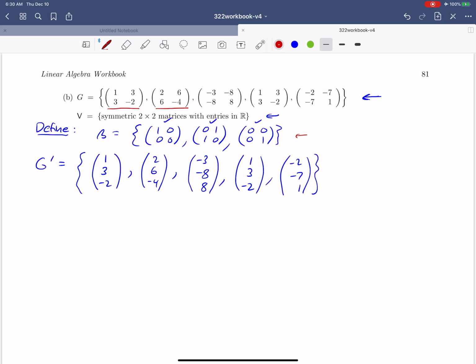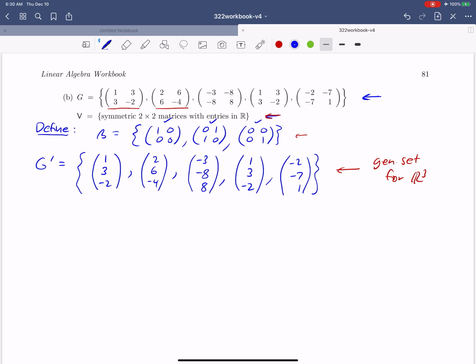The idea is there's an isomorphism between V, our vector space, and R3, because these are coordinate vectors in R3. So we can say with confidence that G prime is a generating set for R3. If we can reduce that generating set for R3 to a basis, then that's going to tell us how to reduce the set G that we were given to a basis for V.